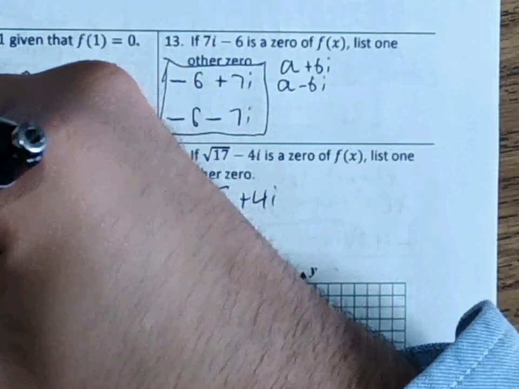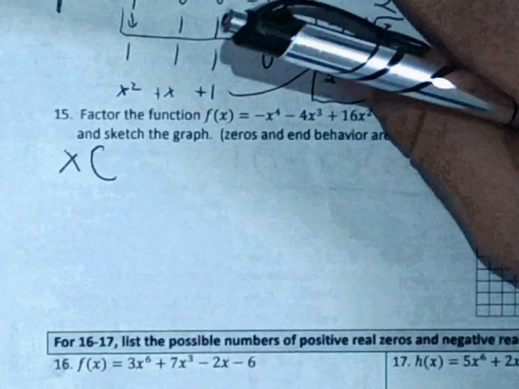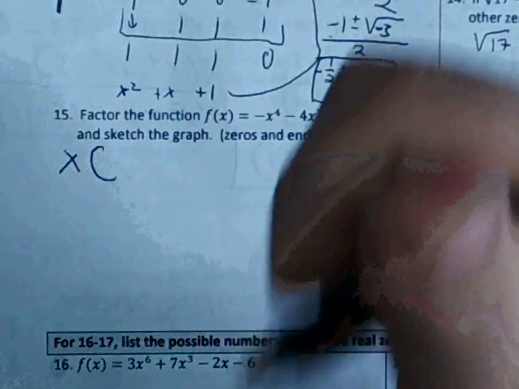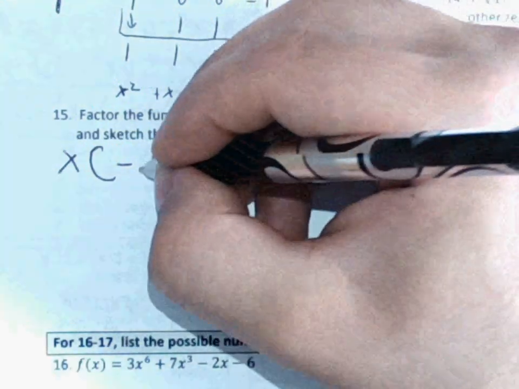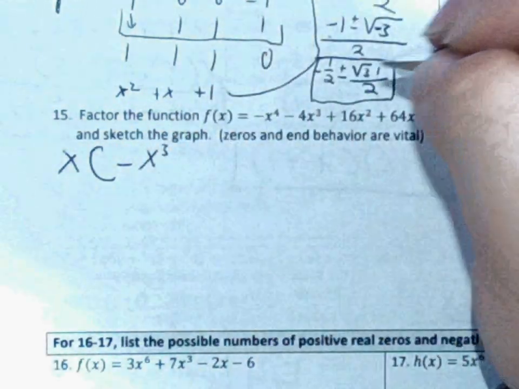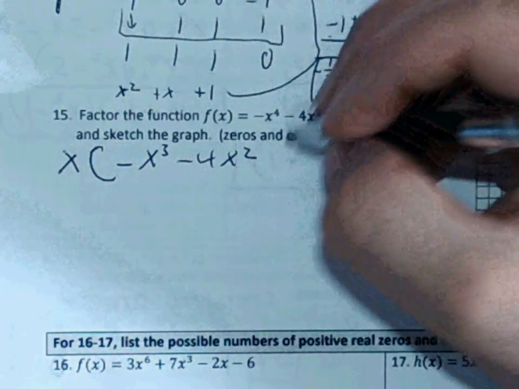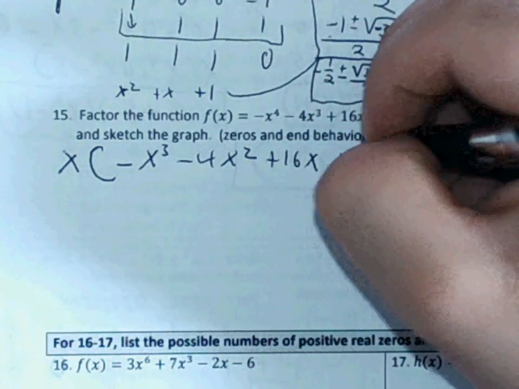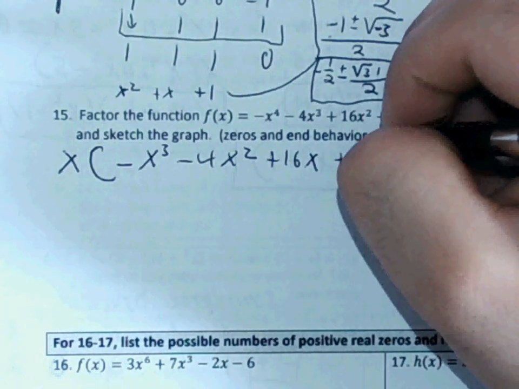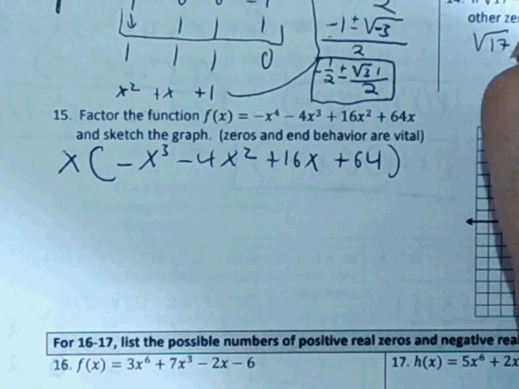I can factor out an x and have negative x cubed minus 4x squared plus 16x plus 64.